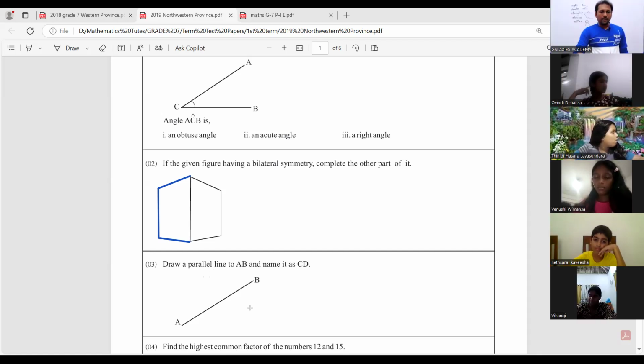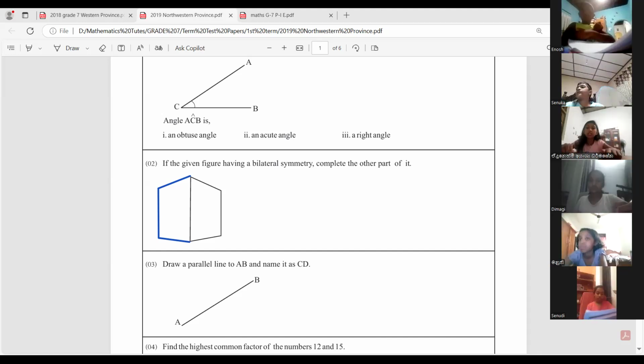Right. Then let's go to the third part. Draw a parallel line to AB. Right? You have to draw the parallel line to AB and name it as CD. How can you draw the parallel line? What are the instruments needed to draw parallel lines?